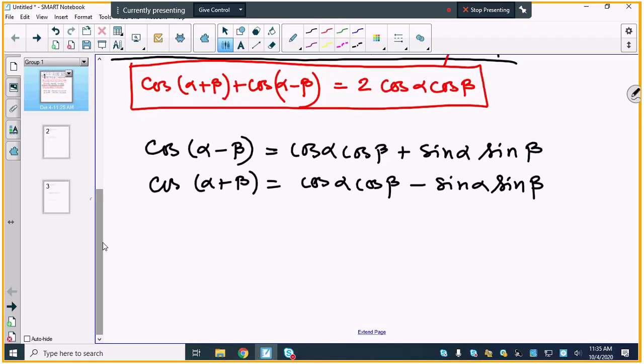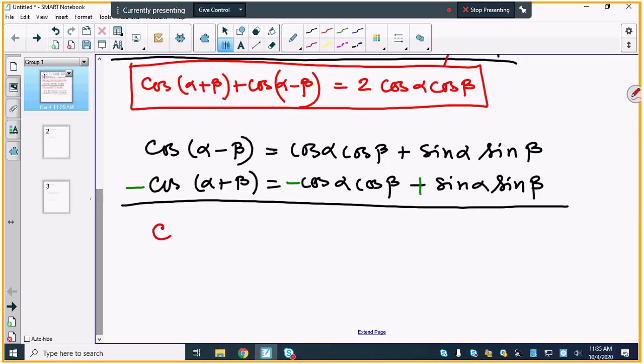Instead of adding these two terms, I'm going to now subtract. So this becomes a minus, the minus becomes a plus, and on the left hand side, instead of a plus of cosines, I will now have cosine of alpha minus beta minus cosine of alpha plus beta.